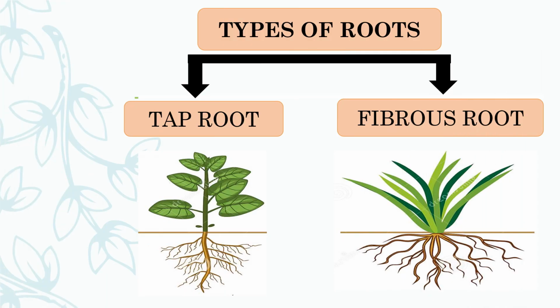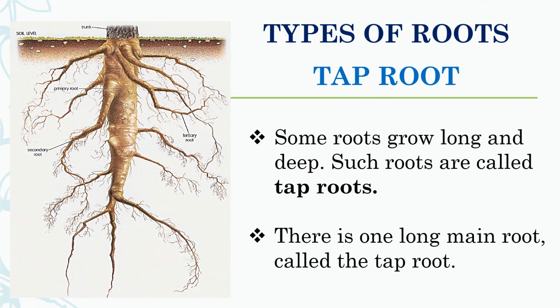There are two types of roots: taproot and fibrous root. First, we will learn about taproots. Types of roots. Taproot. Some roots grow long and deep. Such roots are called taproots.